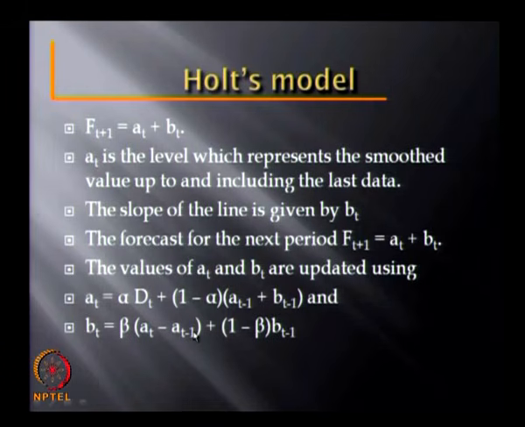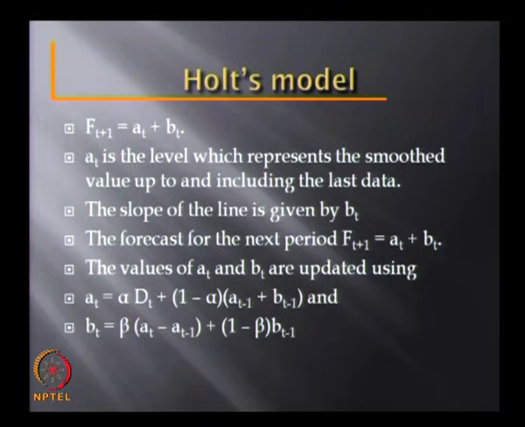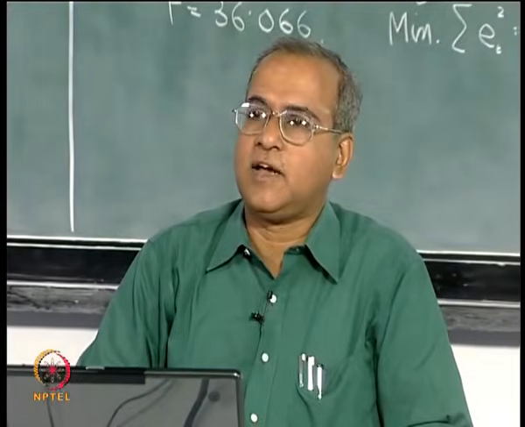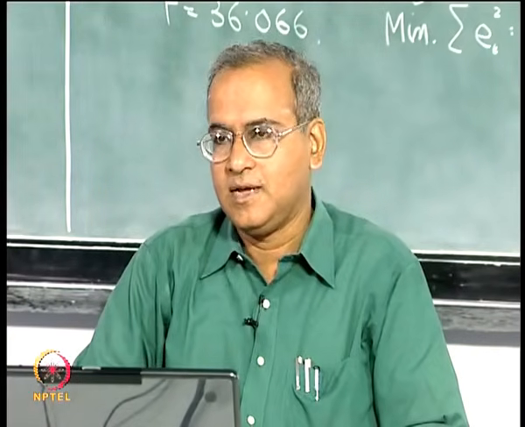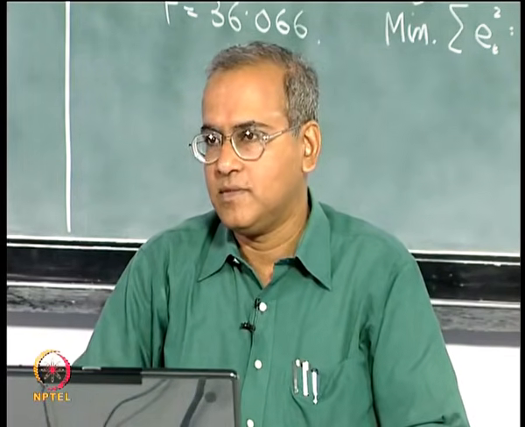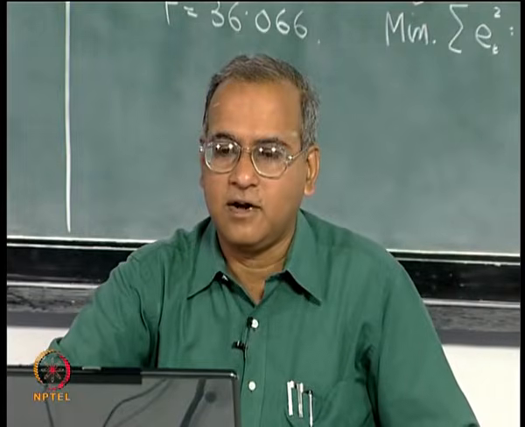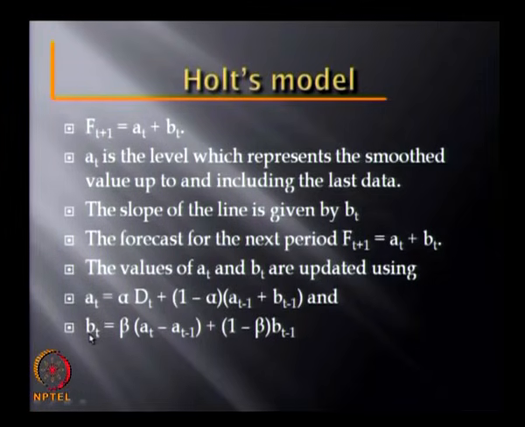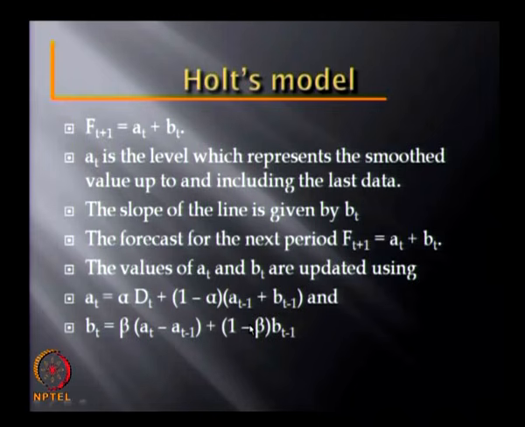If you take the present level value a t and take the previous level value a t minus 1, the difference between them in some sense represents a slope. So, that is one component of the b t. The other component comes from the actual slope that was computed. So, the b t also has two components that are related through exponential smoothing. The a t also has two components that are related through exponential smoothing. Now, let me explain this further.